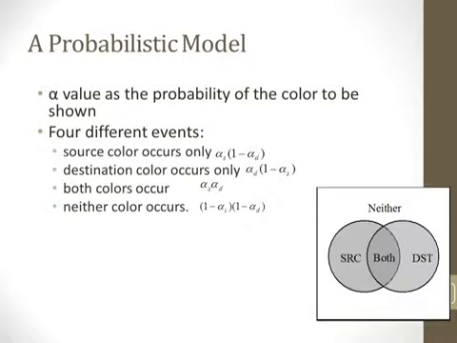In the neither color event, a rule can only select no color. Therefore, the total number of rules is 2 multiplied by 2 multiplied by 3 multiplied by 1, which is the 12 Porter-Duff rules.